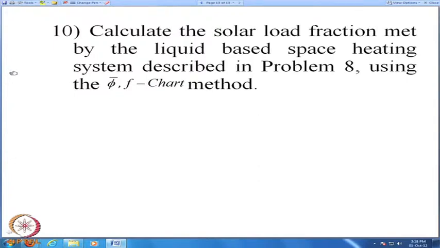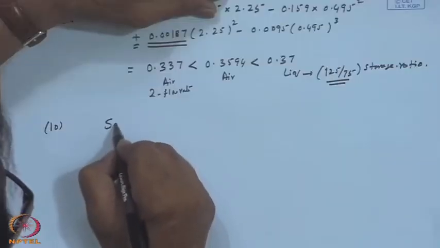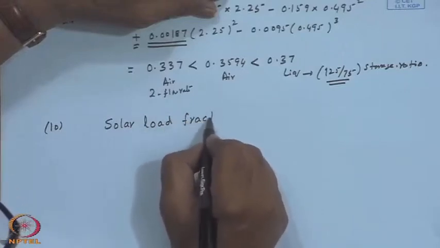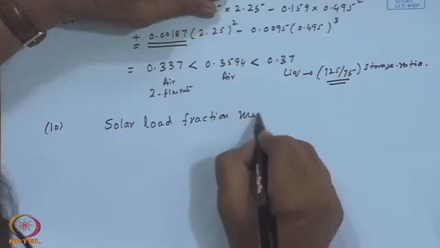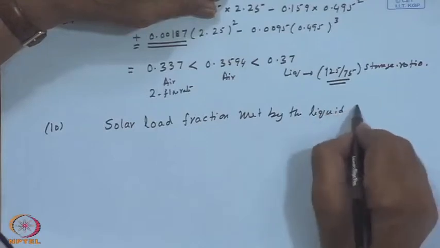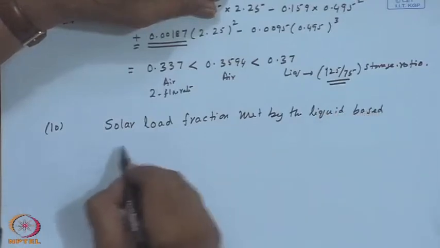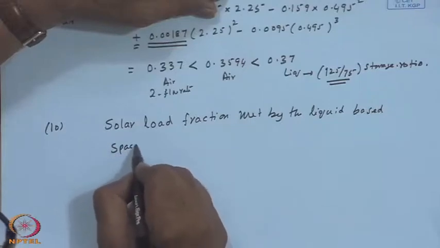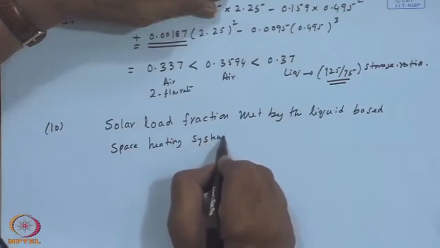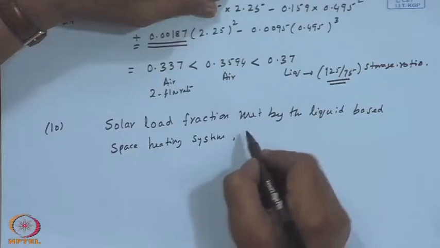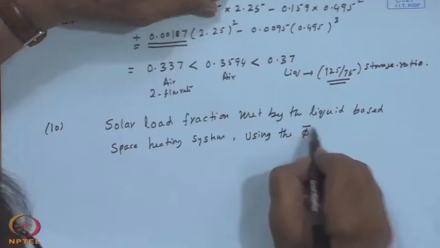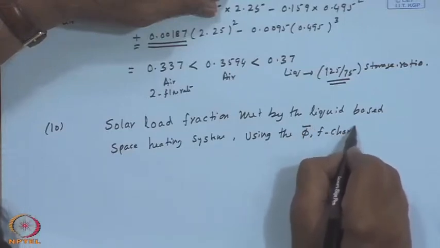So, calculate the solar load fraction met by the liquid based space heating system of problem 7 or 8 etc., using the phi bar comma F chart method.